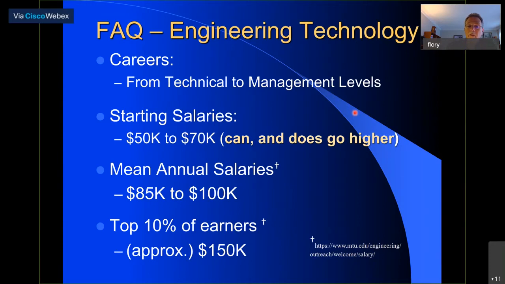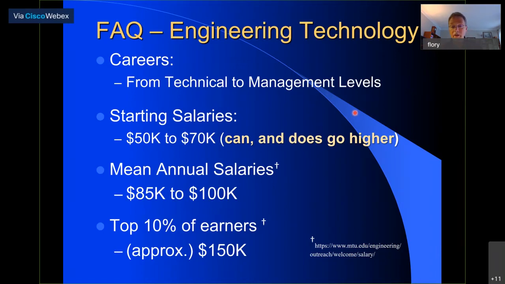Okay. Now, a couple of data points here, and this is supported by some information at the website, which I've noted on this slide, for engineering technologists, mean annual salaries for people who have been practicing for some time. Obviously, this is not only new employees, but people that have been working in engineering technology their entire careers.